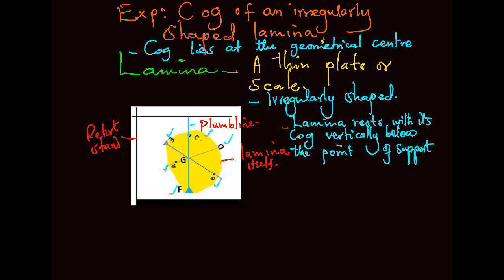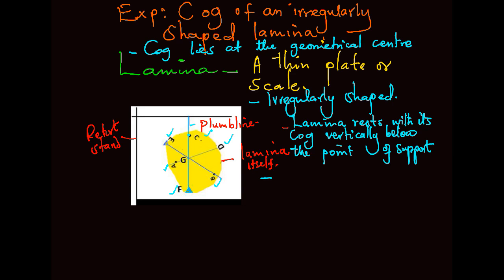The lamina in this case balances on the tip of the hole placed at its center of gravity. So, in order to determine the center of gravity, we allow the plumb line to pass through all the holes. Then we make straight lines along the plumb line.